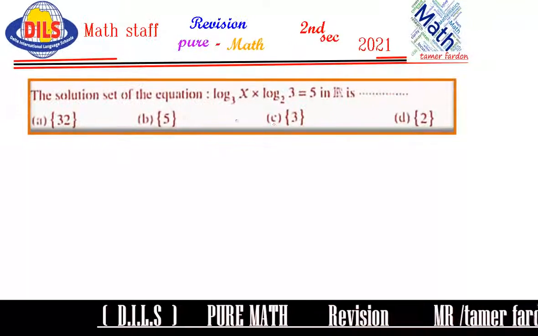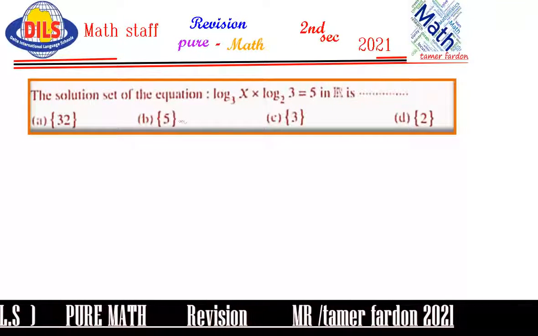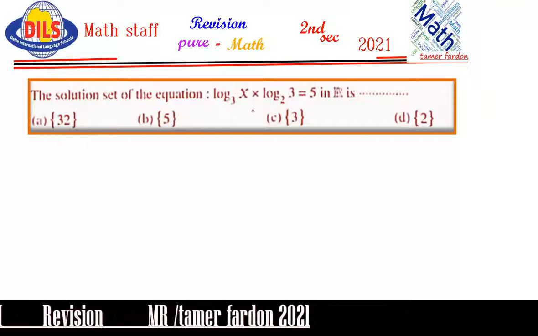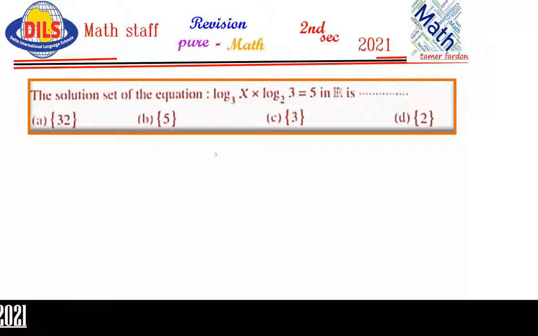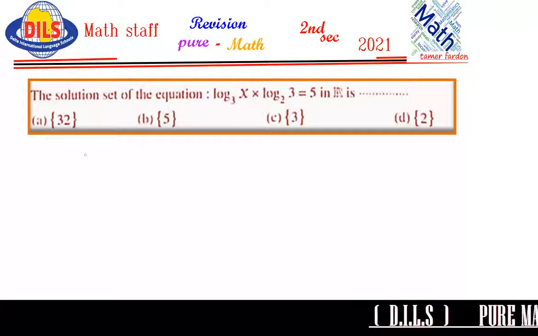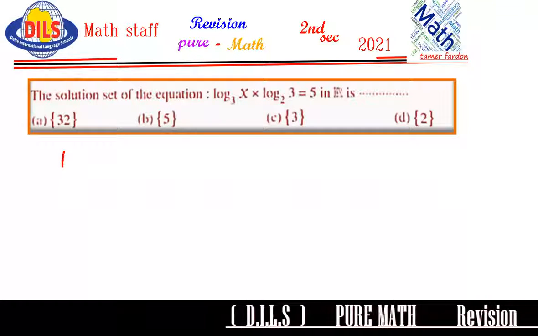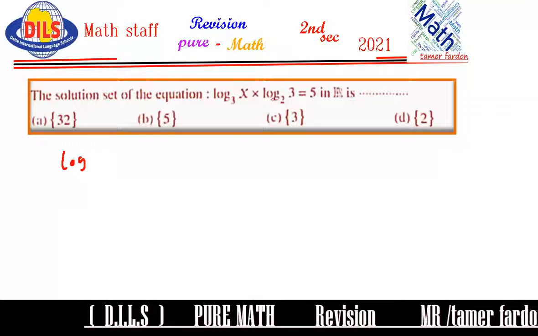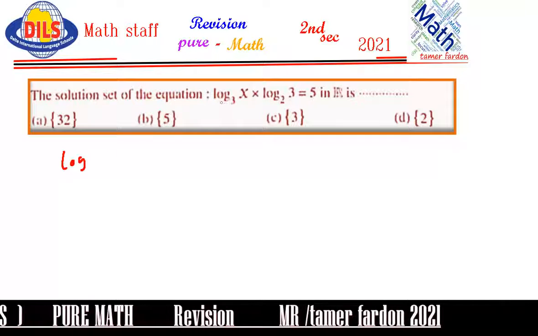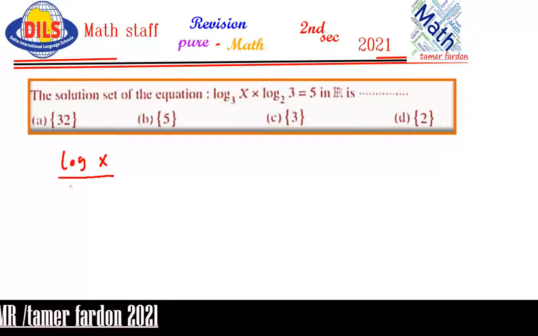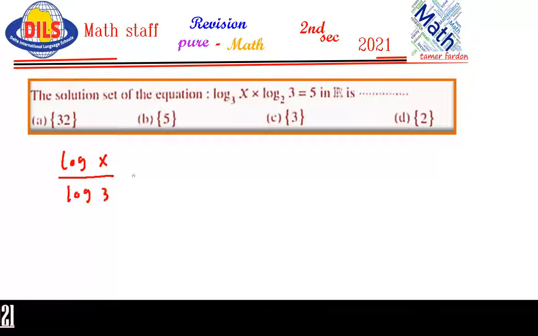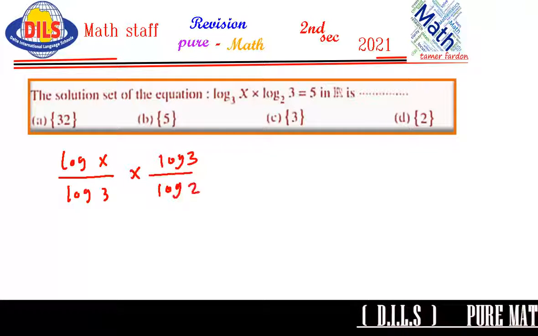The next, the solution set of the equation log 3 of x times log 2 of 3 equals 5. On the left side, we can expand log 2 of 3 and log 3 of x as log x over log 3 times log 3 over log 2.